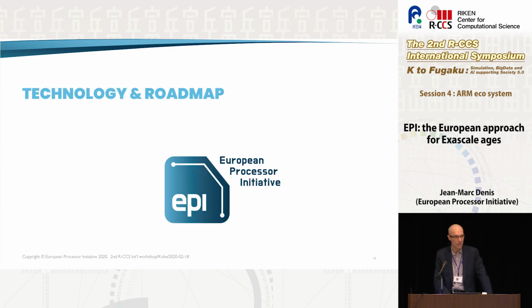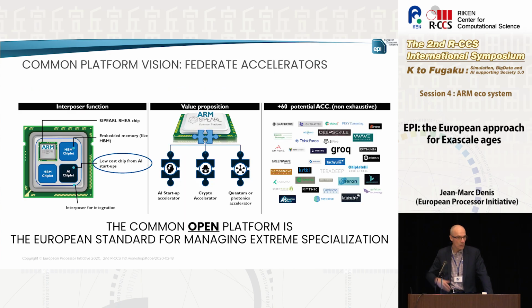So how does it drive the developments of the European technology? Because all this long introduction is just to mention this. We are adopting in Europe a concept of having a common platform, and this is the consequence of the massive use of interposers on chiplets.